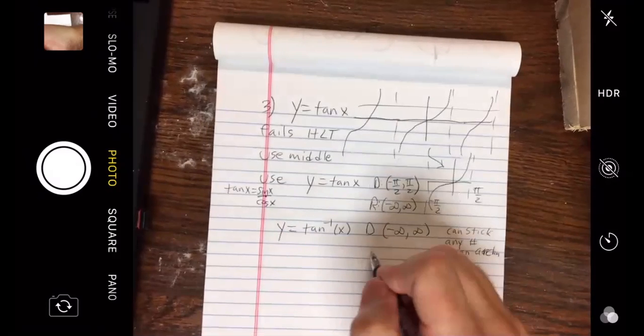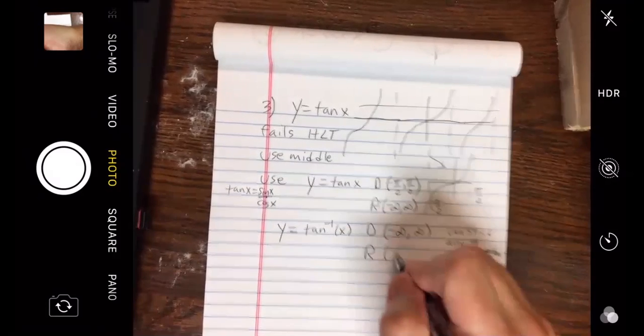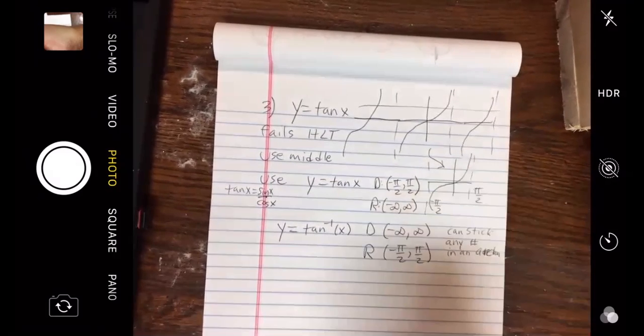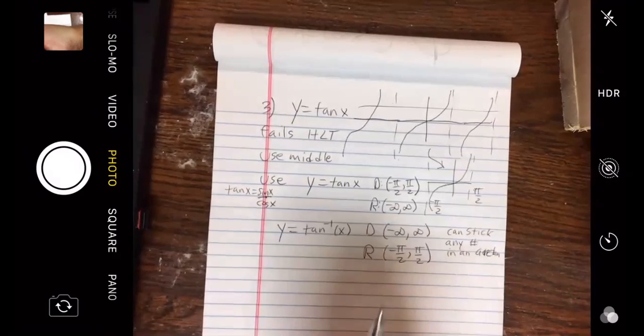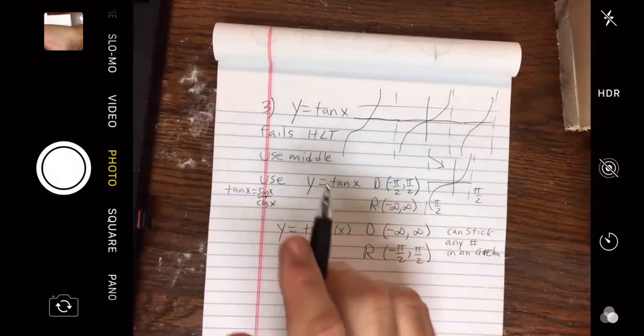All right, and its range is minus pi over 2 to pi over 2. The domain of tangent. Okay, yeah, that's what they have. You got to keep all these, but you don't really have to memorize them. You just have to realize this is what's going on. It's tough to memorize. I can't hardly memorize it myself.